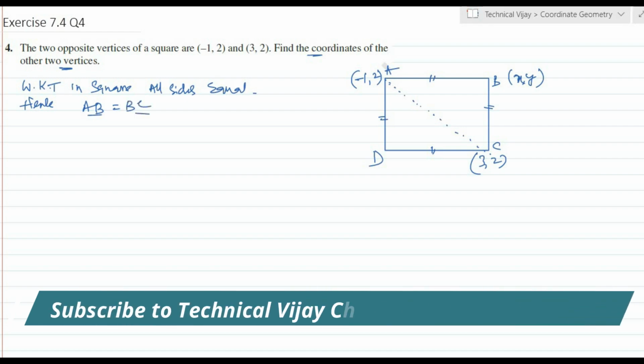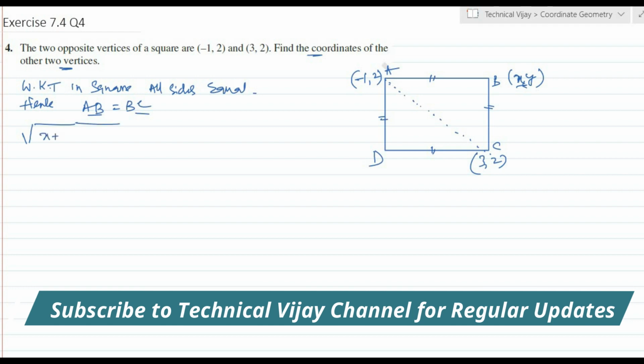Now we will use the distance formula so that at least we can calculate one coordinate. AB is equal to the square root of x minus of minus, that is plus 1, square, plus y minus 2 square, is equal to the square root of, this is BC.